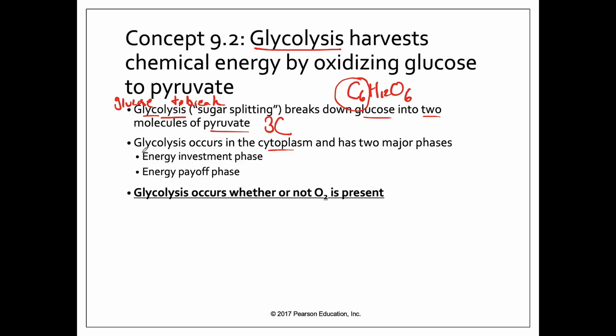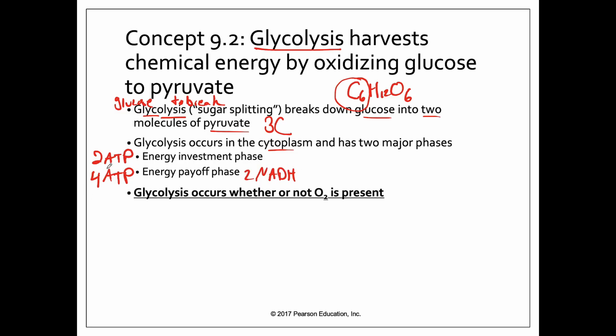Just like any good investment, you have to put a little bit into it before you can get anything out of it. So the whole process of cellular respiration is to make energy. So we are going to have to put some energy in as an investment, and then we will eventually make a profit on energy in the form of ATP as well as some NADH molecules that will later be used to make ATP.